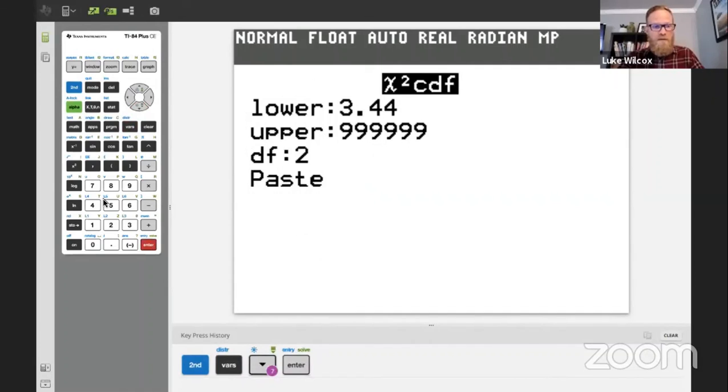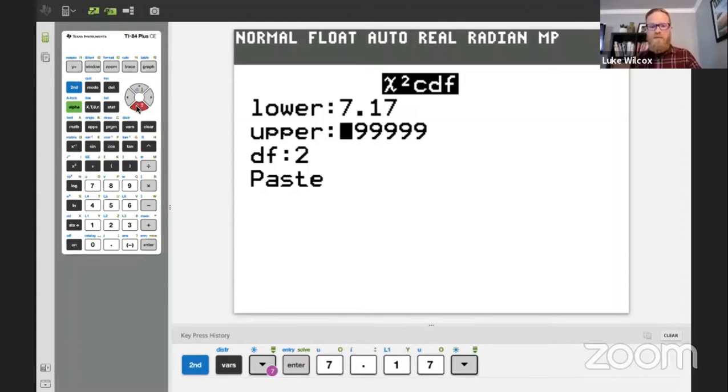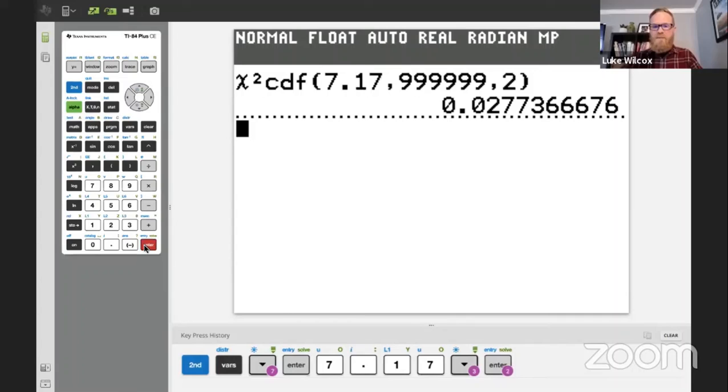The lower bound should be our chi-squared test statistic, 7.17. You want to go out to infinity, 99999, degrees of freedom 2. Let's paste that onto the main screen there. And sure enough, we knew from table C that the p-value was going to be between 0.025 and 0.05. And we see, sure enough, it is. It's 0.028, I suppose, if we round it.